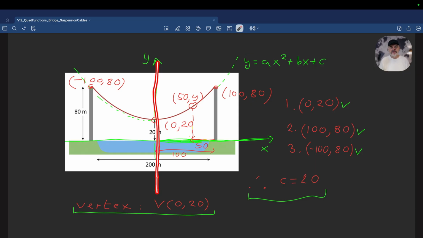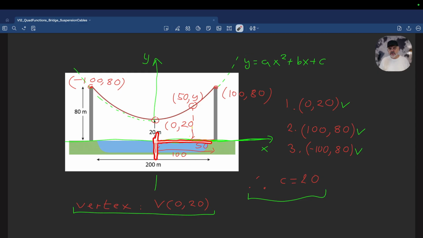So now we have a grid kind of established. We have x, y axes put together in a very convenient and most practical way, so that by symmetry, if I label this point 100 and 80. Why 100? Because exactly at the center, right in between those two towers, the midpoint would be 0, right?